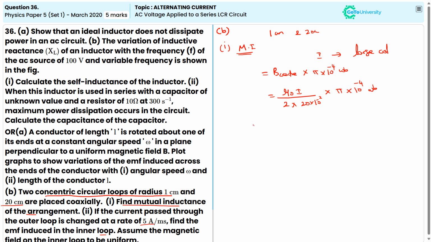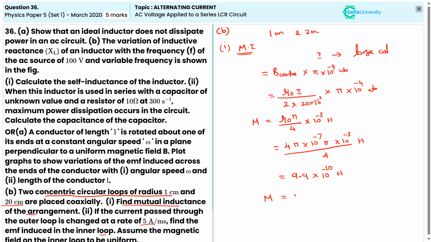From this we can write M equal to mu naught pi by 4 into 10 power minus 3 H. So we have 4 pi into 10 power minus 7 into pi into 10 power minus 3 divided by 4 H. If we simplify this, we get 9.9 into 10 power minus 10 H. So approximately M equals 10 power minus 9 H. This is the mutual inductance of the arrangement.